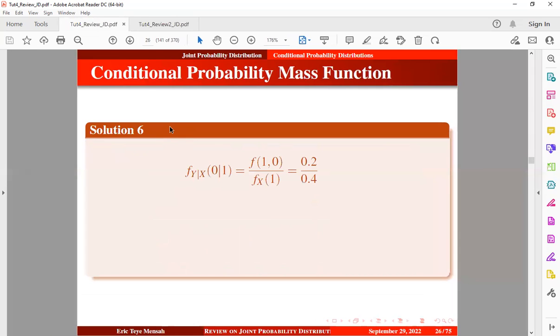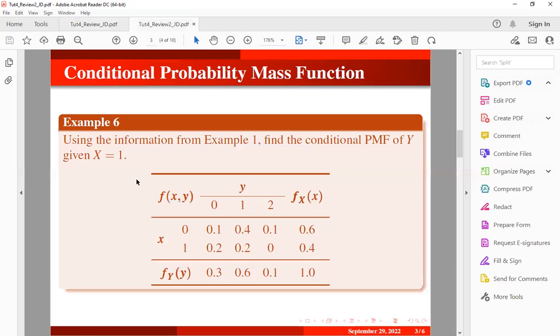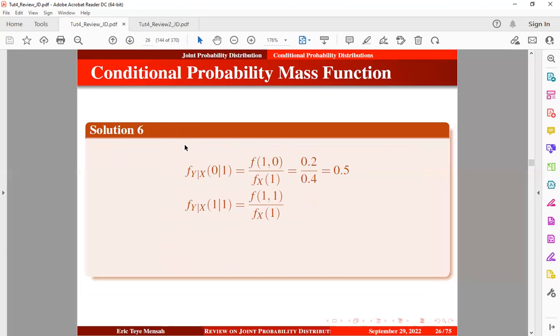We obtain this, we obtain that. Then we also obtain the conditional PMF of Y equal to 1, given that X is equal to 1, also in this form. So we have to get the joint PMF of Y equal to 1 and X equal to 1. X equal to 1 is here and Y equal to 1 is here, so there is a corresponding value 0.2.